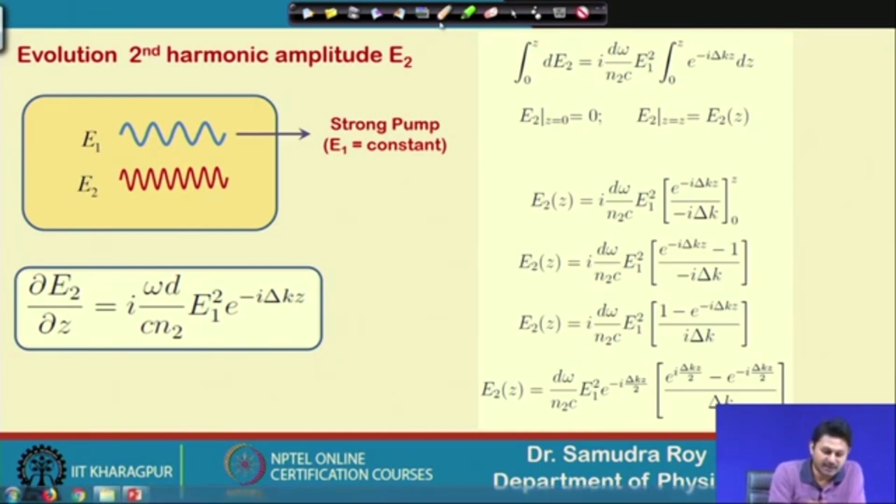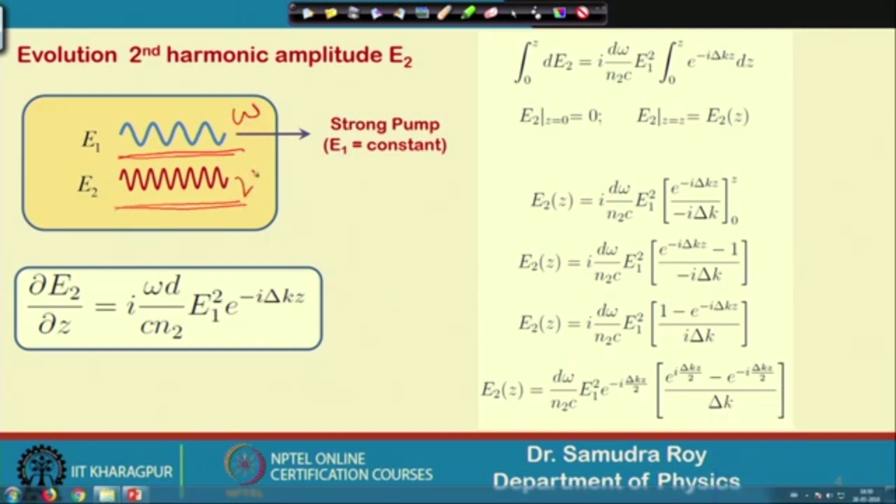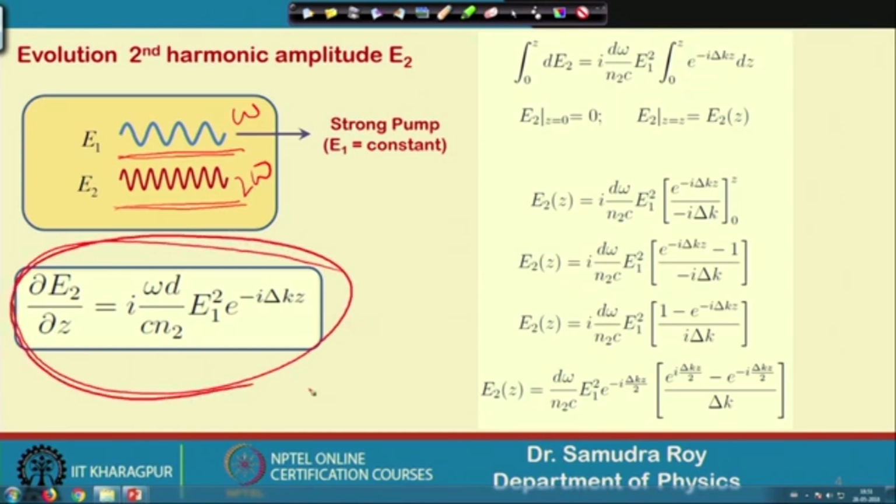We have an E1 wave, with frequency omega, and E2, whose frequency is twice omega, 2 omega. We say that E1 is a strong pump. That means we are launching a strong E1, and trying to find out whether, because of the launching of this strong pump, E2 is going to evolve or not, and this is the equation that guides us on how E2 is going to evolve.